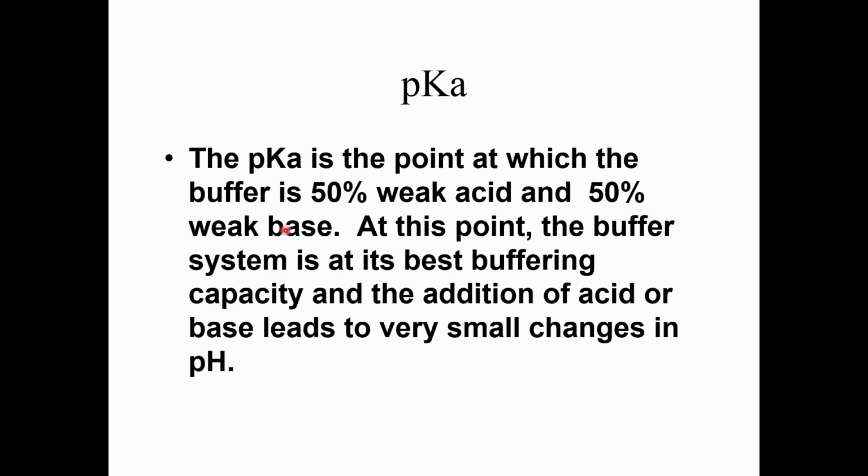If I were thinking about the phosphate buffer system, if I had 50% dihydrogen phosphate and 50% monohydrogen phosphate, the pKa would be 6.8. I don't expect you to know that. That's just something that I'm telling you to appreciate what a pKa is.